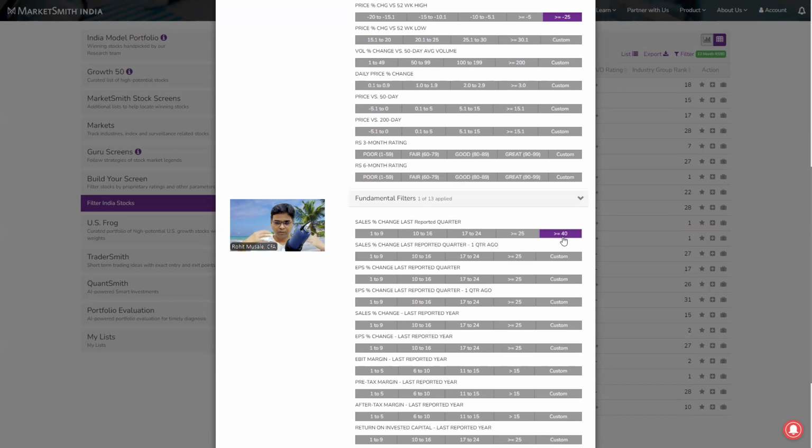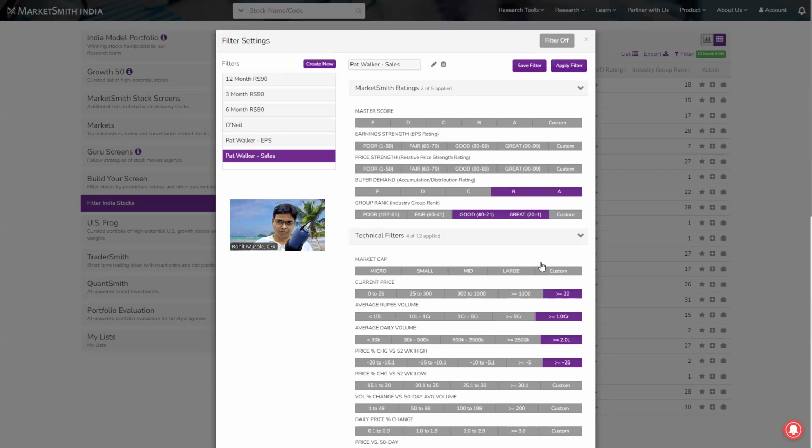So basically, what you see in Patrick Walker's philosophy is that he is not looking at relative strength in terms of price. He's not looking at price performance. To compensate for that, he's looking at the fundamental performance of the company itself. See, behind every stock, there is a company. And if the company is doing well in terms of sales growth, earnings growth, chances are eventually the price will catch up.